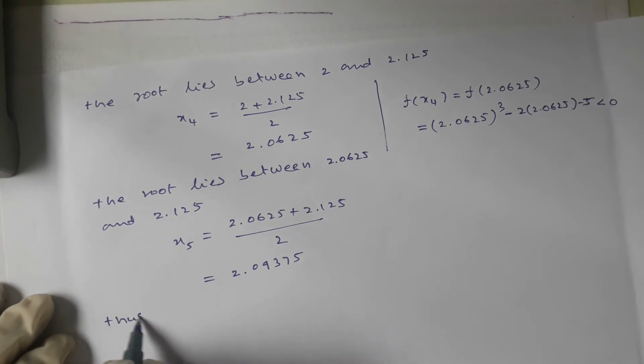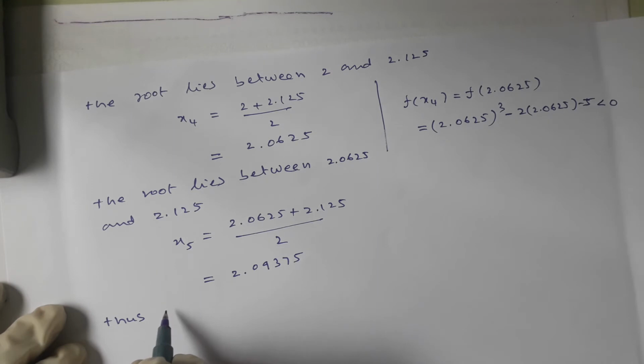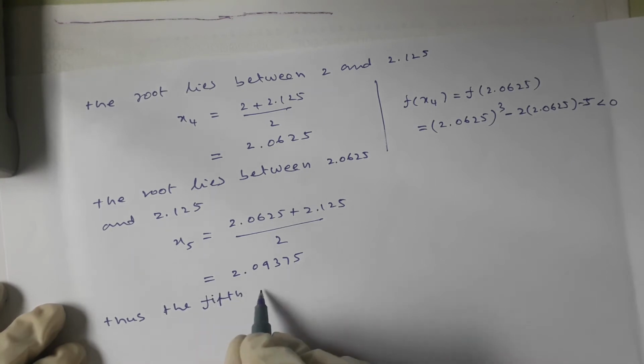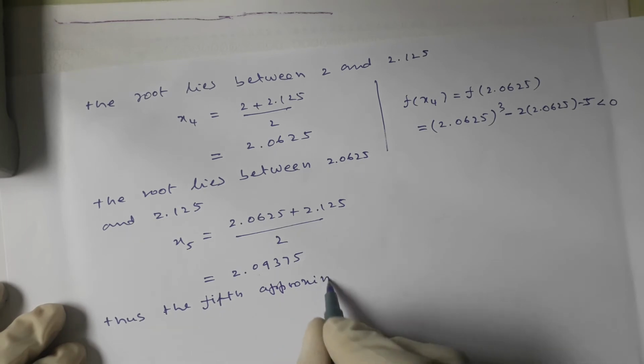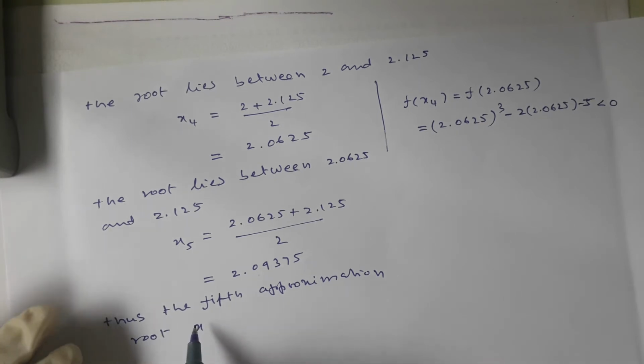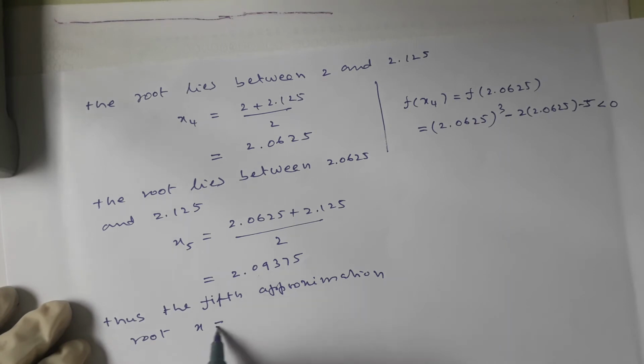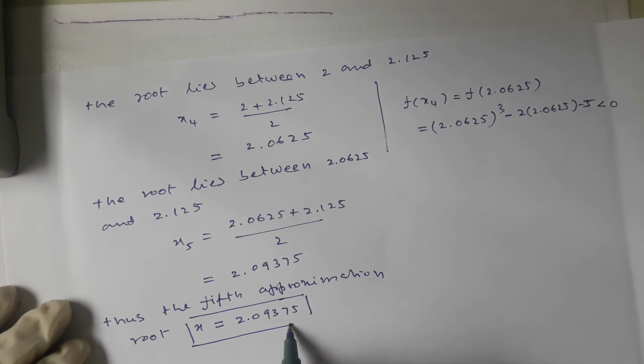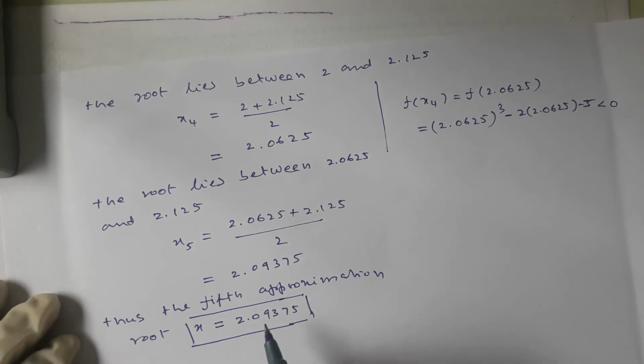Thus the fifth approximation root is x is equal to 2.09375, only up to 5 iterations or 5 stages.